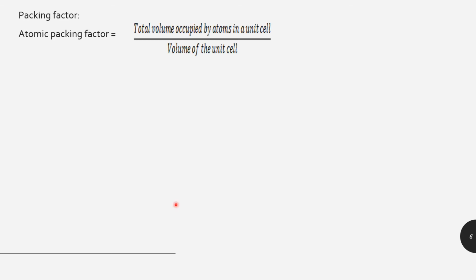Now we will find the packing factor, which is the total volume occupied by all the atoms in a unit cell divided by the volume of the unit cell. As there are two sublattices of FCC structure and one FCC structure has 4 atoms, two FCC structures will have 8 atoms. So 8 into the volume of one atom, 4 by 3 pi r cube, divided by the volume of the unit cell.